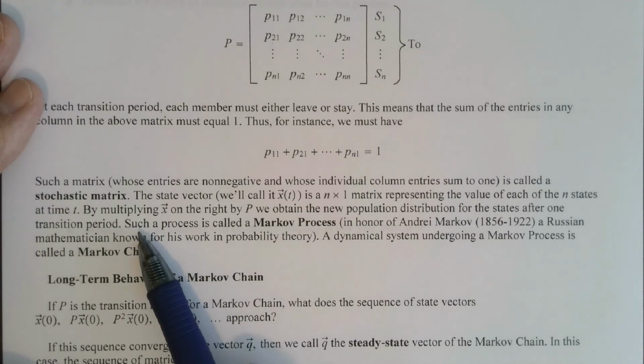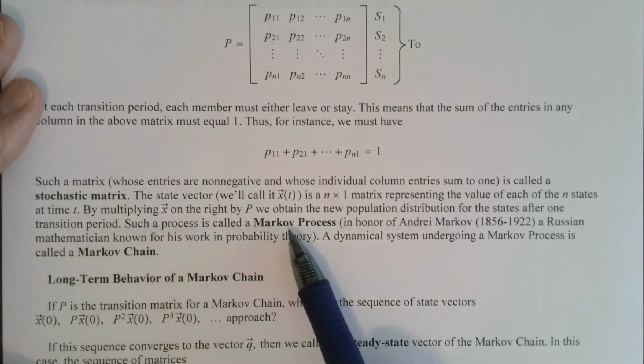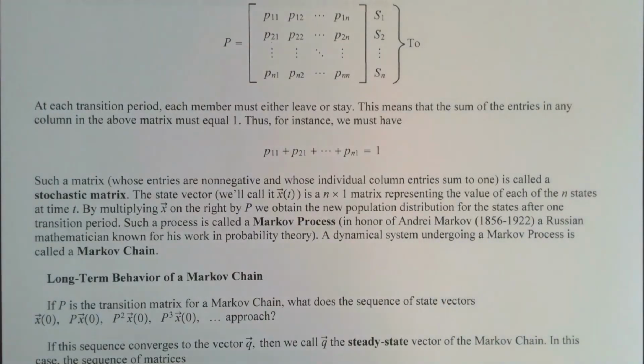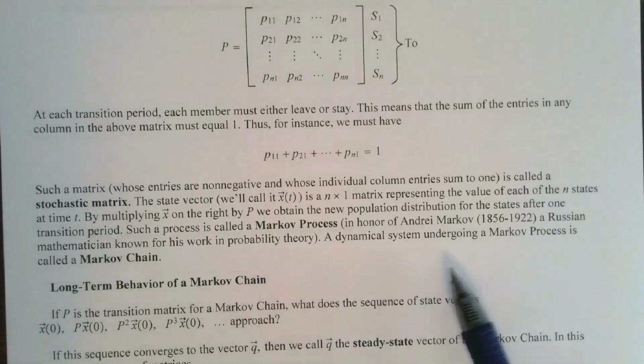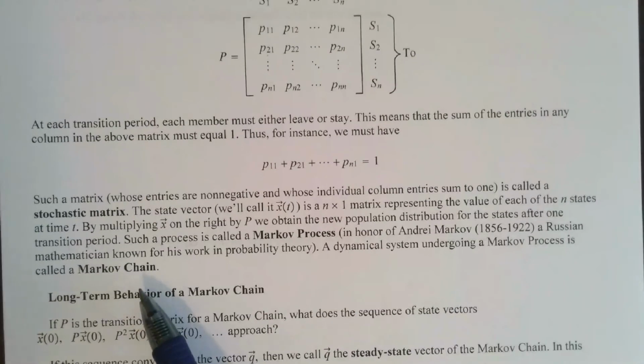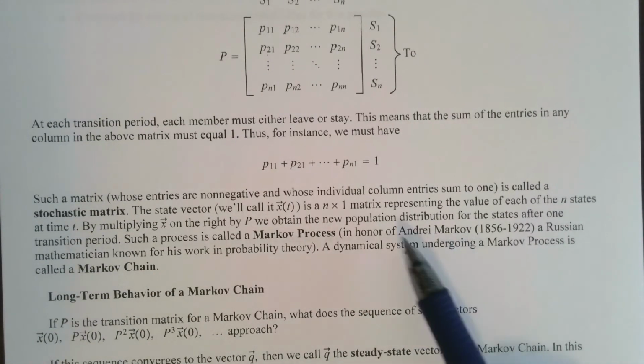Now, such a process is called a Markov process, in honor of Andrei Markov, a Russian mathematician known for his work in probability theory. A dynamical system undergoing a Markov process is called a Markov chain. I don't know all the details, but what I understand is that Markov was initially using this process to analyze poetry, word distributions and letter distributions, in a poem by Pushkin, a Russian poet, called Eugene Onegin.